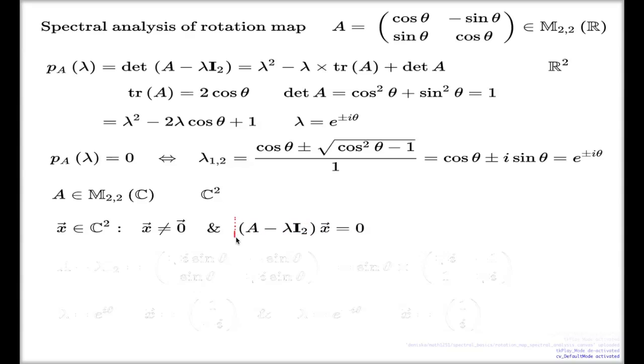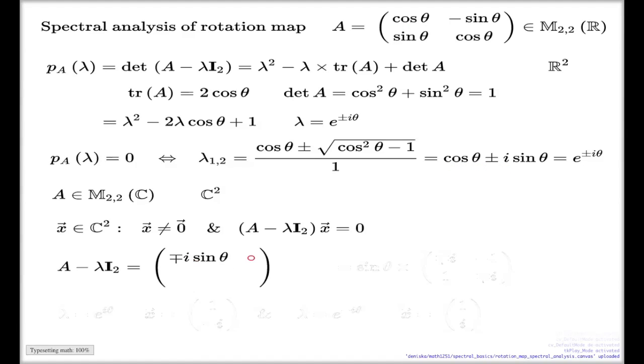I will write this matrix for both eigenvalues at the same time by using this plus and minus technique. So look at this. The matrix A take lambda I2 is this matrix. If you subtract from this diagonal, cos will be gone. What will stay is negative plus or minus plus i sine theta.